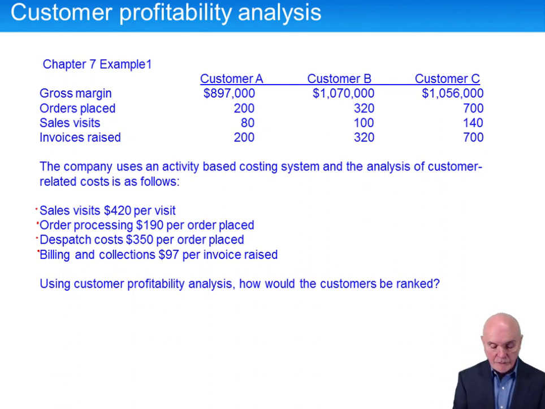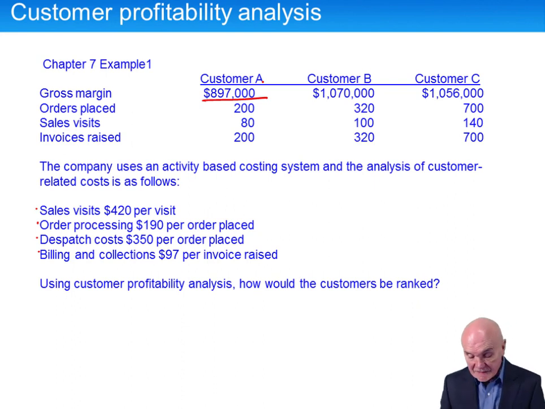All we have to do is to say, well, here is the gross margin before any of these costs, and then we have these costs to add on. And I'm just going to do it for customer A. You can, just for the sake of it, go and look at customer B and see if you can simply replicate my calculations. That's really, really easy.